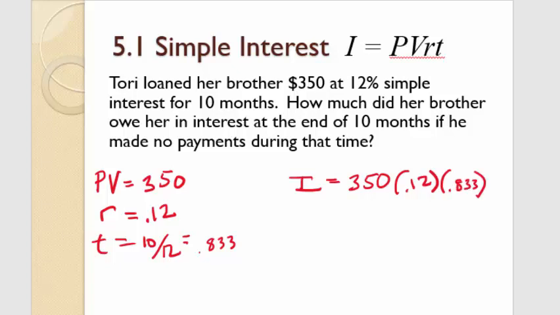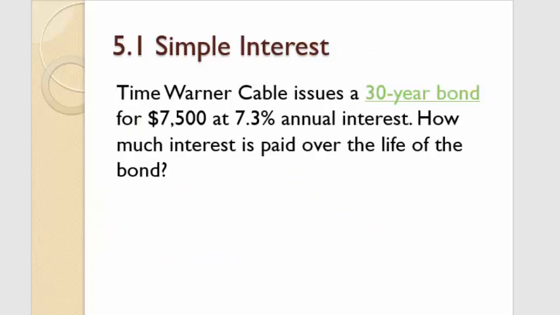Now I'm going to keep 10 divided by 12 in my calculator and multiply that times 0.12 and then times 350. And what I have is the interest equals $35. That means at the end of 10 months, her brother is going to owe her $35 in interest, or $385 total. So that represents the calculation for simple interest on a loan.